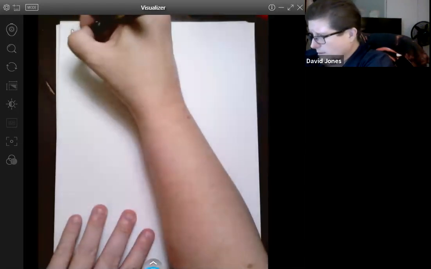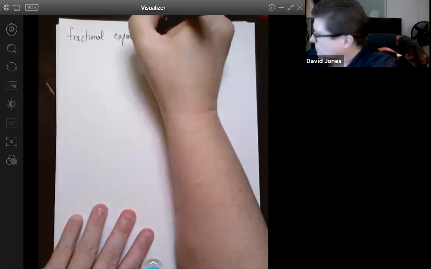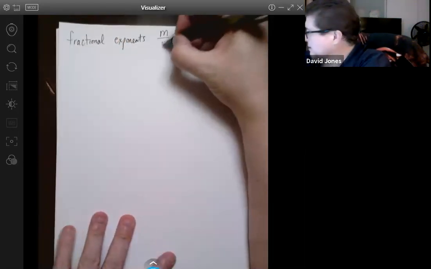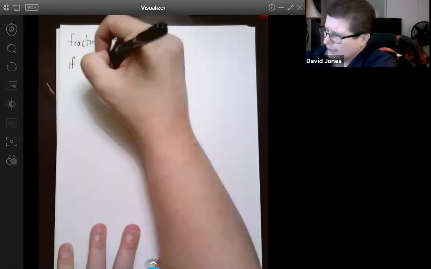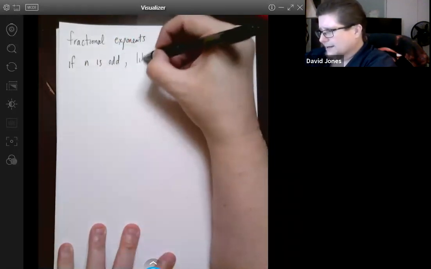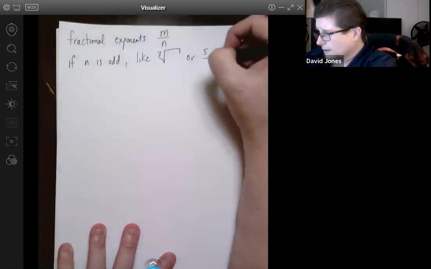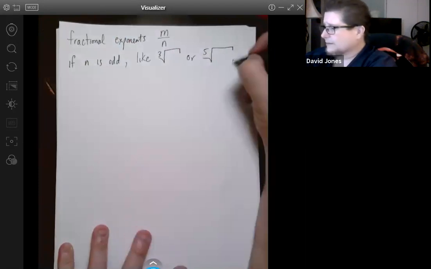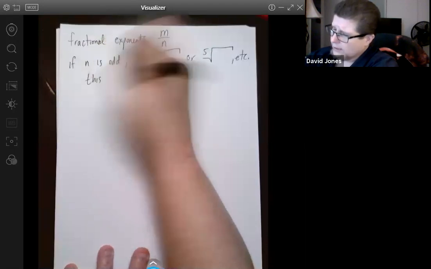My general rule that I wanted to talk about here, fractional exponents like m over n. If n is odd, like having the cube root or fifth root, something like that, this will always work.